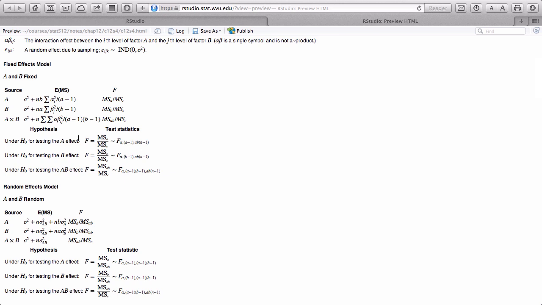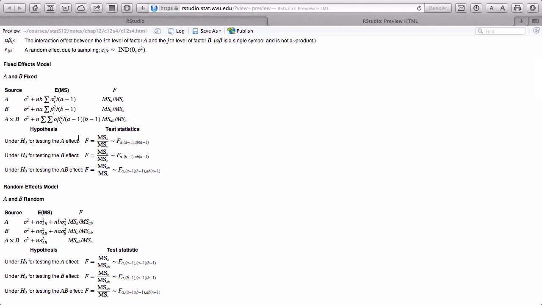So all three of those are tested by what? The residual. I didn't write that down there, but the residual has an expected mean square of sigma squared. So the mean square for A over the mean square residual tests the alpha sub i as 0. The mean square for B over the mean square for error tests the betas as 0.